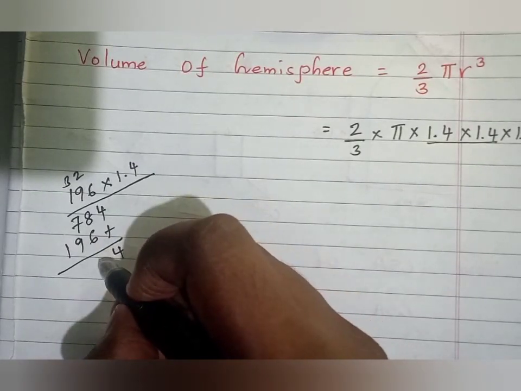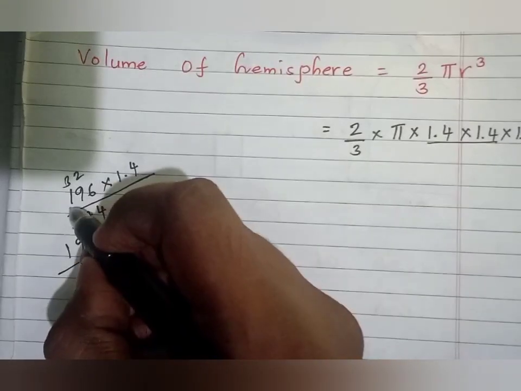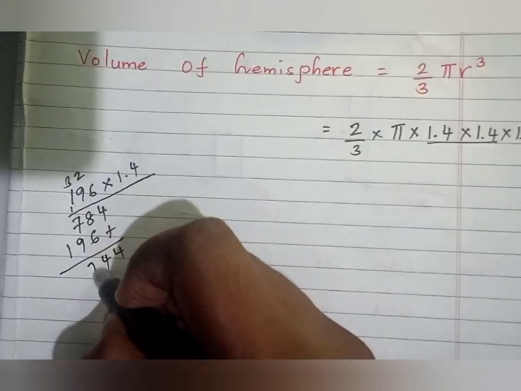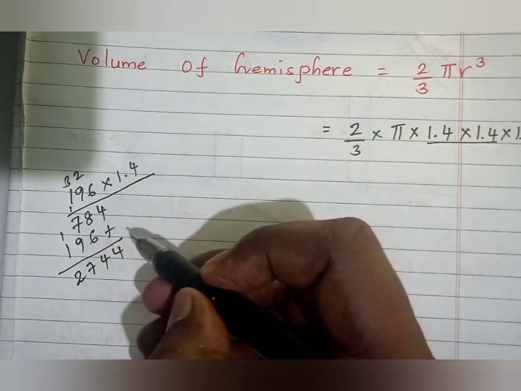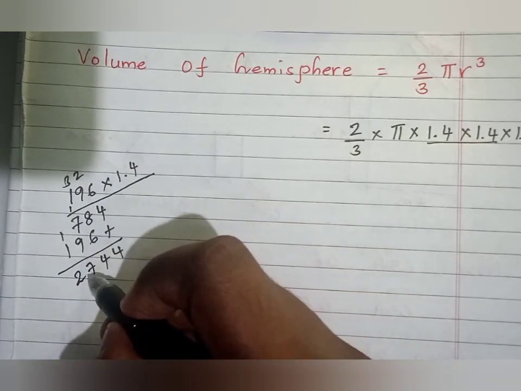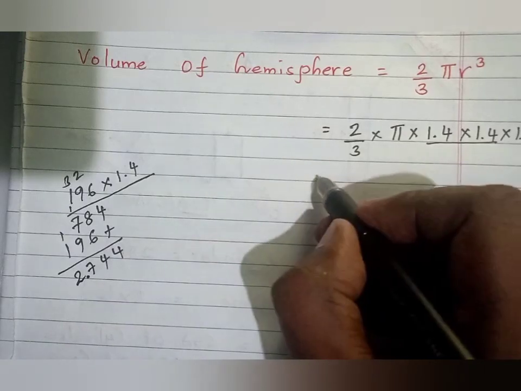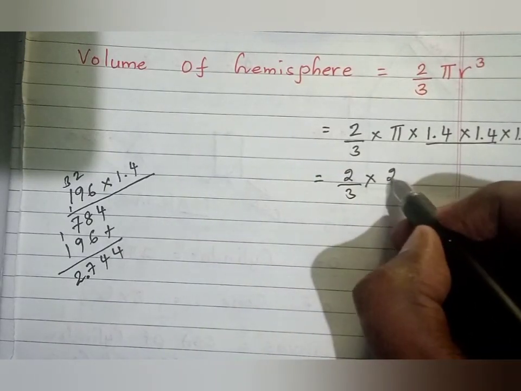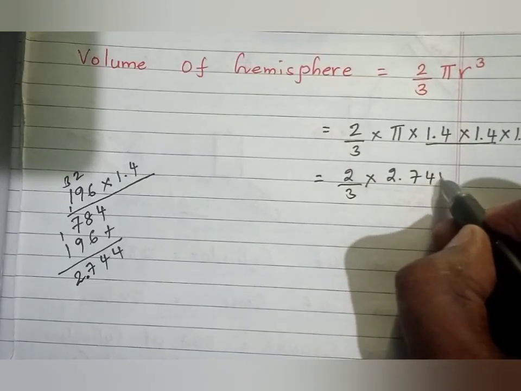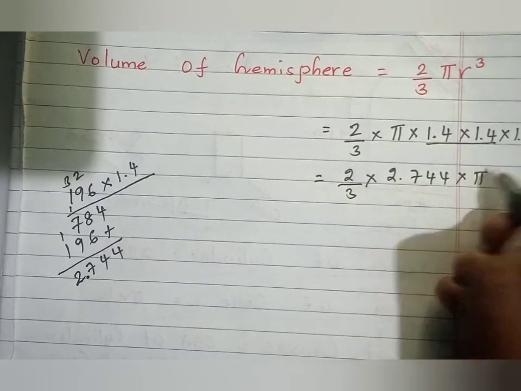So what you get is 2744. We need to put the decimal point before 3 numbers, that is 2.744. So 2 by 3 into pi into 2.744.